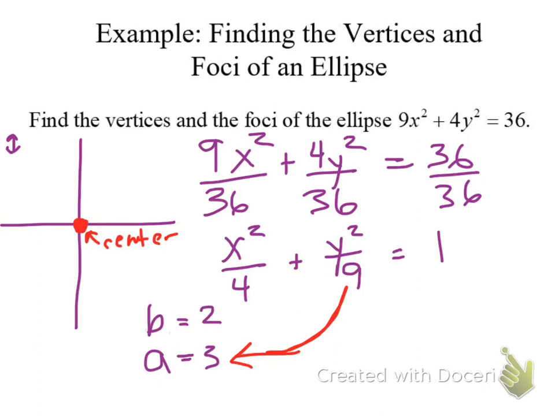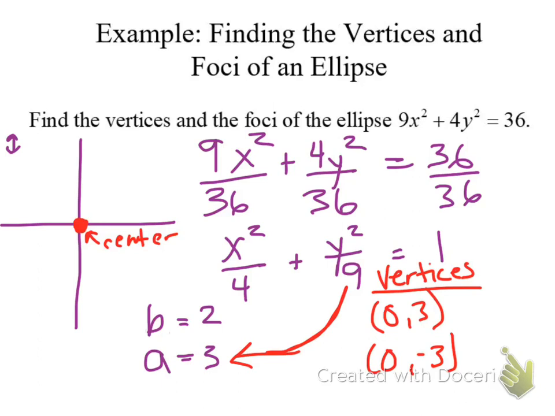So with that, because I'm going to go up and down, my vertices will be 0, 3, because I'm going to add 3 to the y value, and 0, negative 3. And so those will be up there.